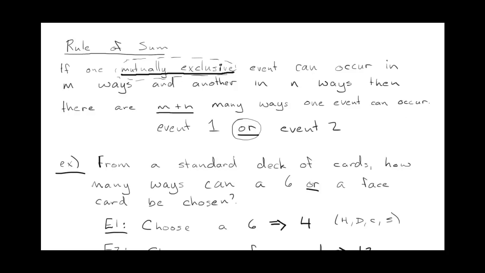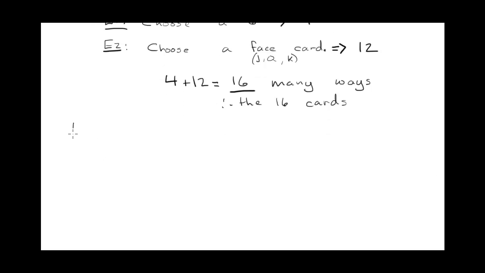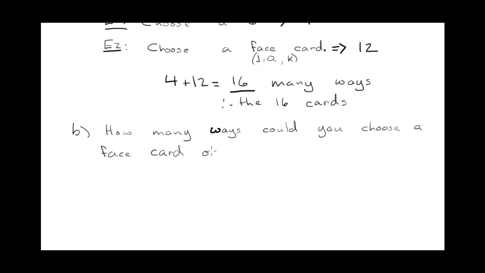Now, I said I was going to talk about what this meant, mutually exclusive. So I'm going to illustrate this with a second part to this example. B. How many ways could you choose, let's say, a face card or a heart?